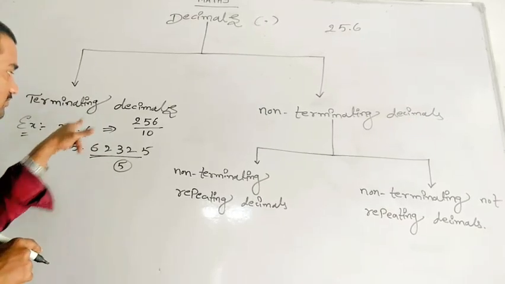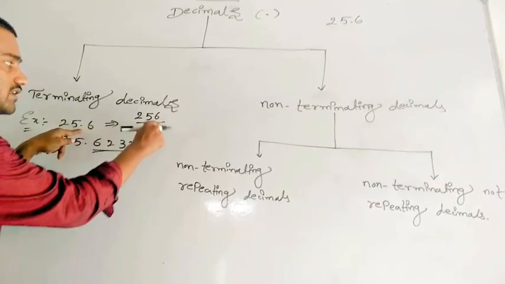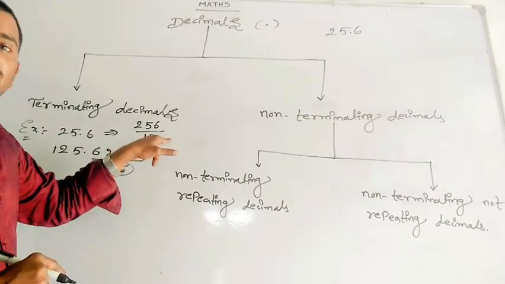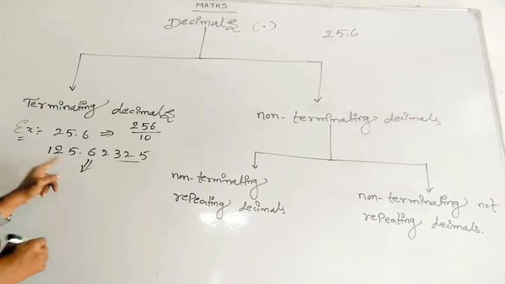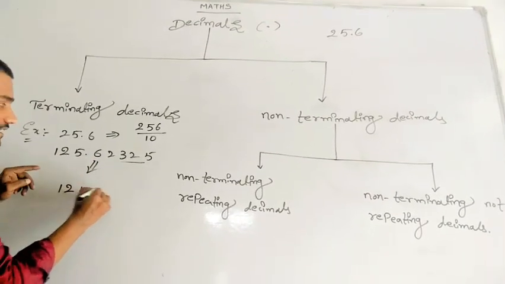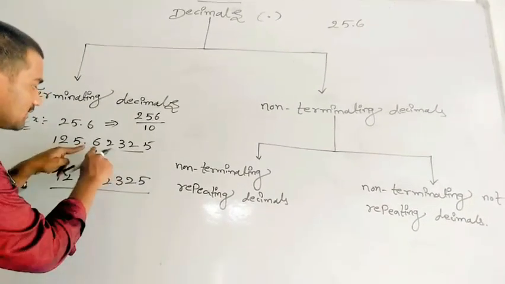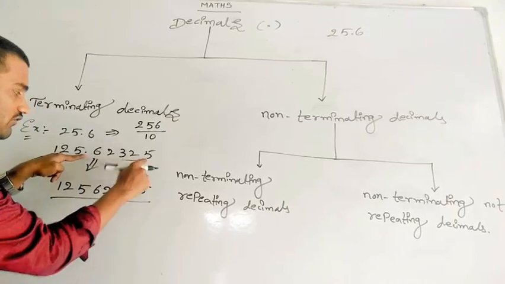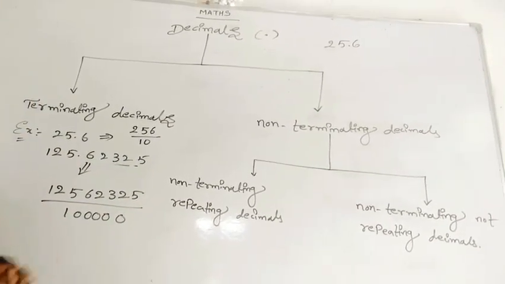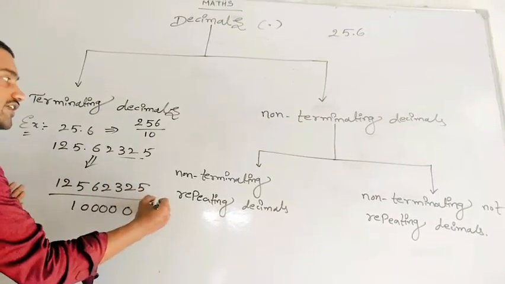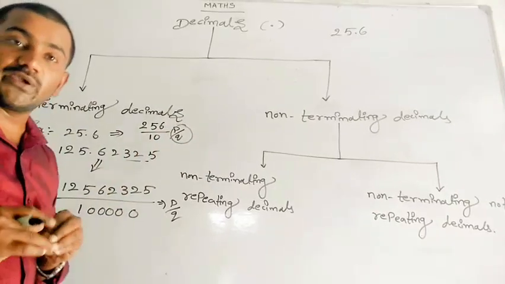If there is one decimal digit after the decimal point, then keep 10, that means tens, in the denominator. Let me express this other number also in the form of p by q. Let's write this complete number, counting how many decimal digits are there after the decimal: 1, 2, 3, 4, 5. So this number can also be expressed in the form of p by q.